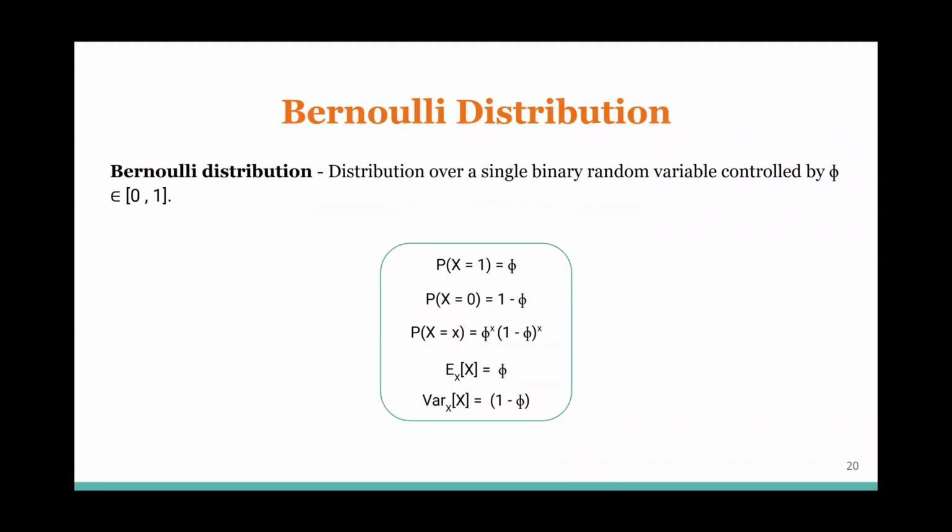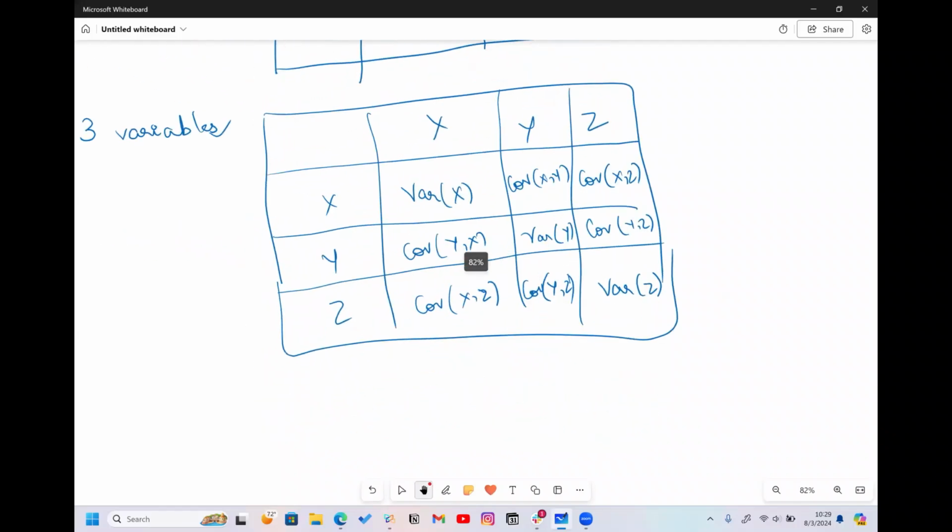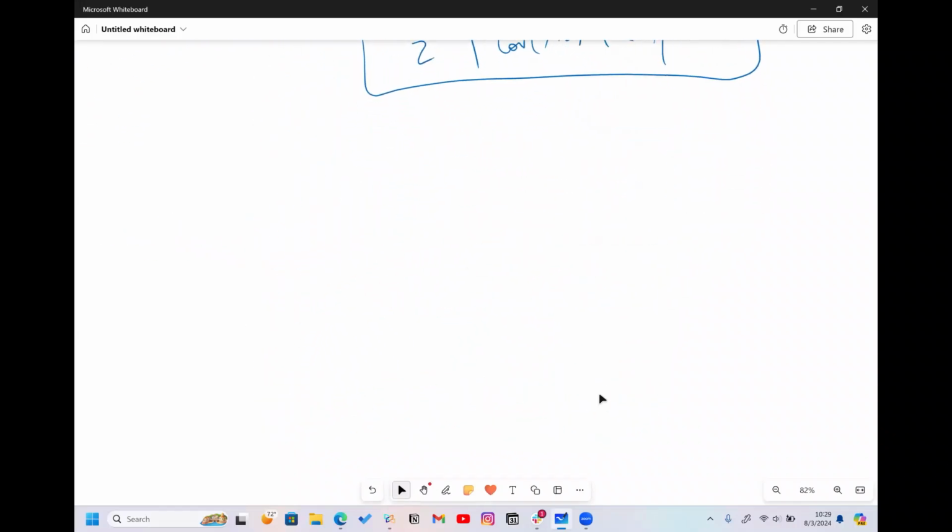Okay, probability distributions. So the book talks about the Bernoulli distribution. Bernoulli distribution is a distribution over a single variable that takes the values 0 and 1. Let's go through one example so that we understand the equations. It gives the probability of the random variable being equal to 1.